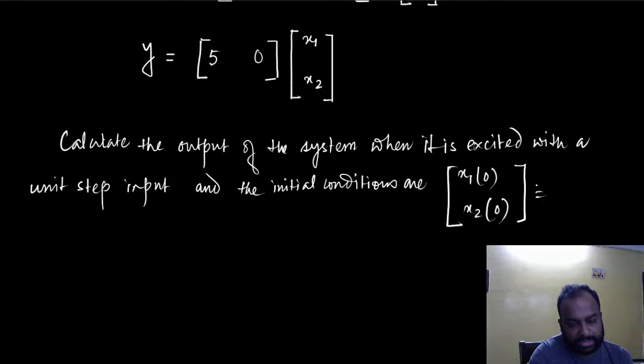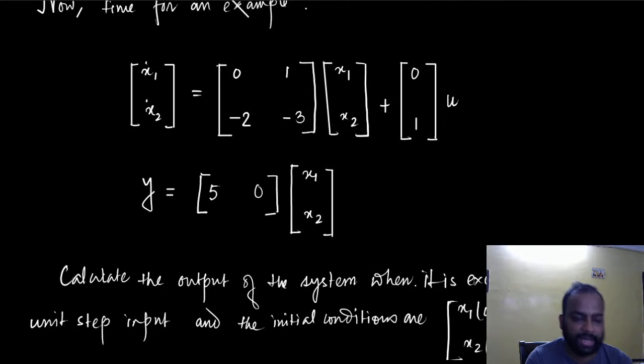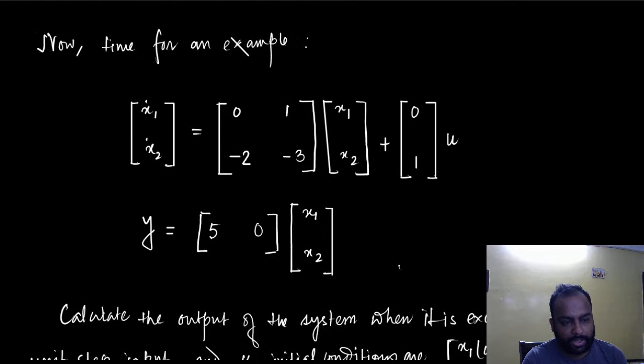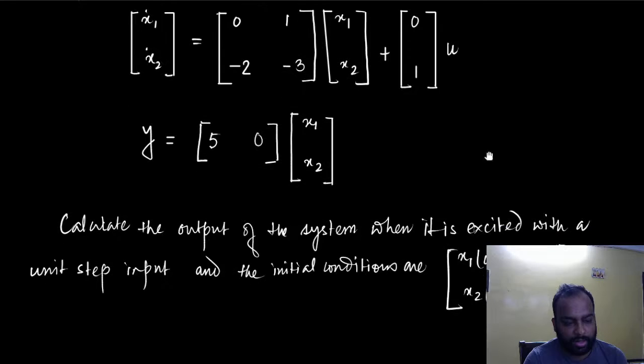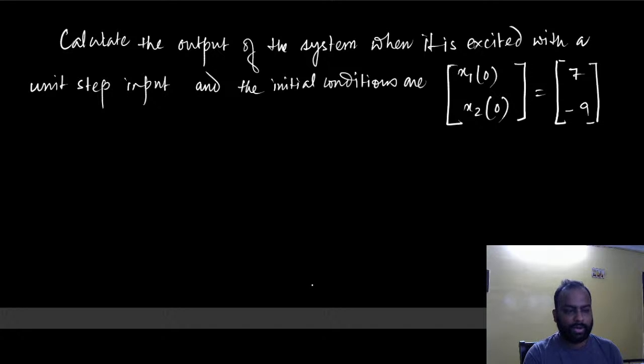Let's say the initial conditions are, say, 2 and minus 3, not 2, 3, something else, say 7 and minus something. So those are the initial values, right? Initial conditions for the vector of state variables. So that's fine, right? So we're calculating the step response along with a certain initial condition. So the system starts with an initial condition along with an input, and the input is a step input here.